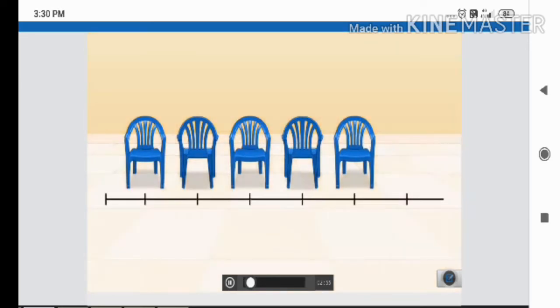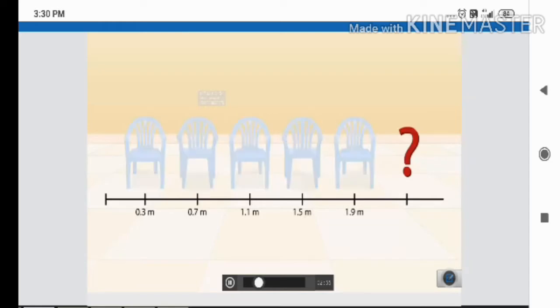She has placed the first chair 0.3 meters from the start line. The remaining chairs are placed at distances of 0.7 meters, 1.1 meters, 1.5 meters and 1.9 meters from the start line. At what distance should she place the next chair?